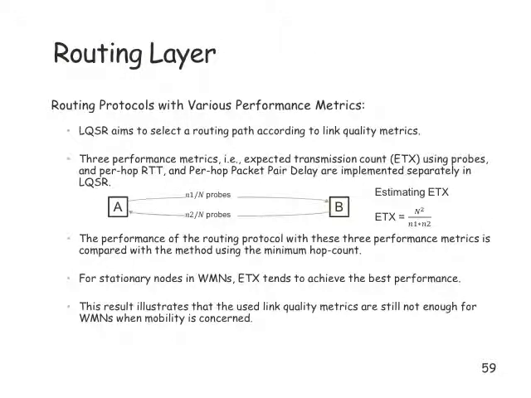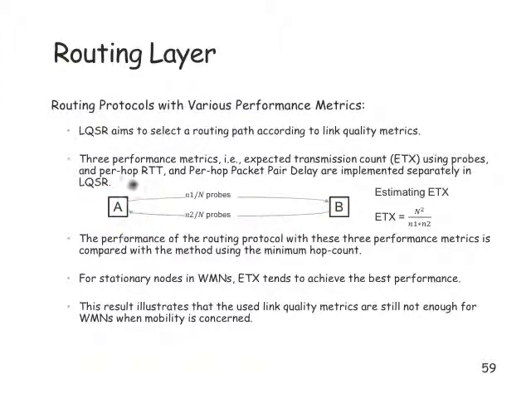So this is another issue: the issue of the metric, one way of measuring the metric between two nodes. We talked about the round trip time, right? The round trip time is measured by simply sending a probe from A to B, and then B will forward the probe back.